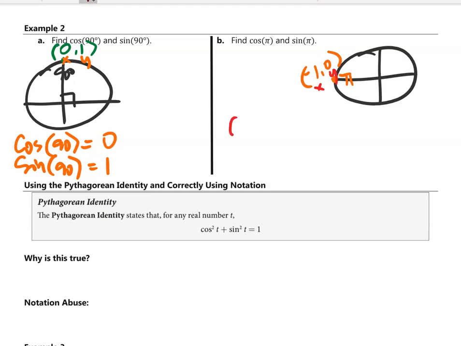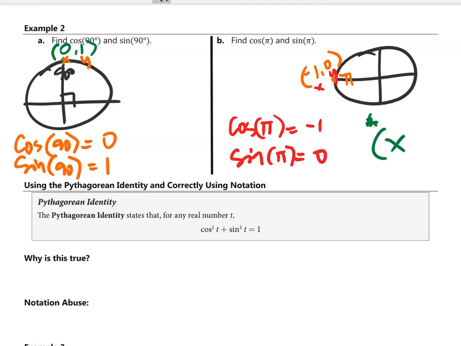So you can say that cosine of pi is equal to, yes, the x value negative 1, and sine of pi is the y value, which is 0. So just to recall, always remember that in xy, x is cosine and y is sine.